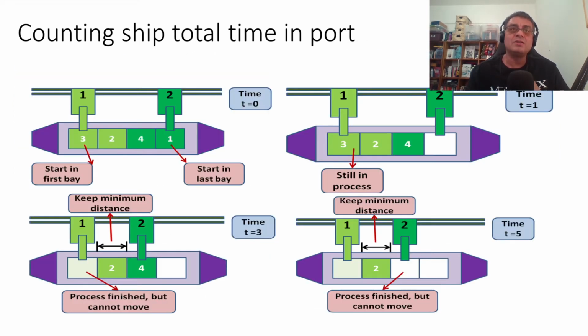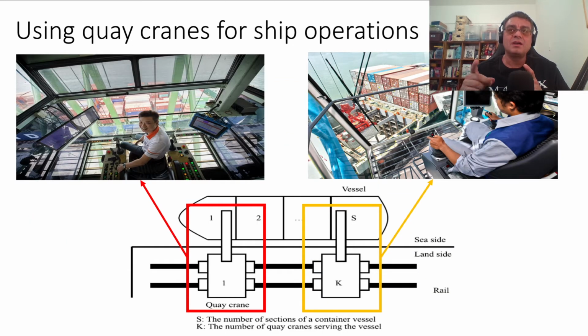What's very important in a container ship? Container ships have very large dimensions, so very large equipment is needed to move containers. These equipments have some properties.